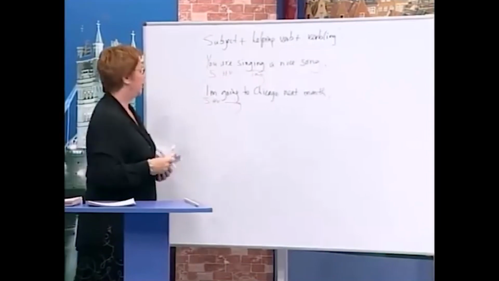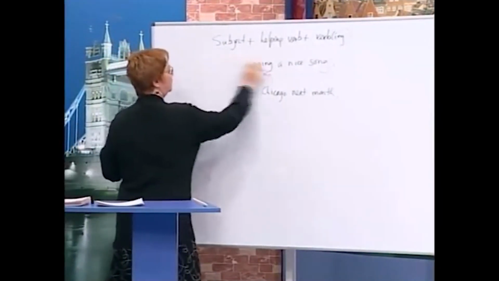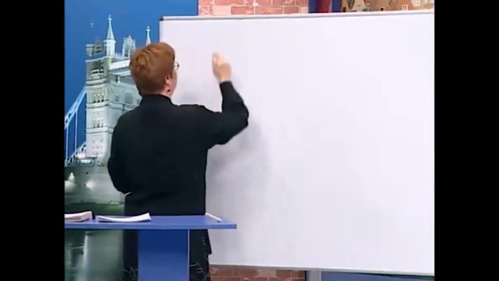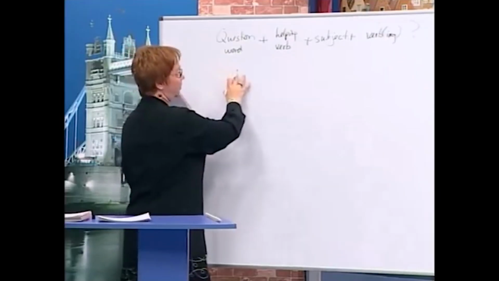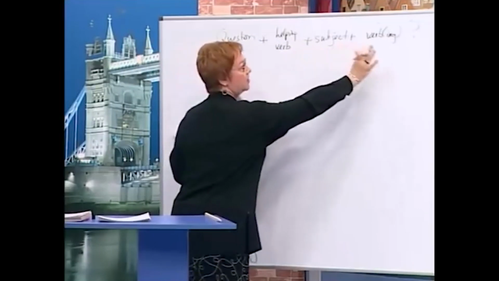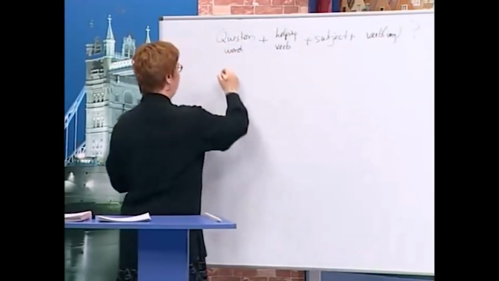Let's look at questions. This changes a little bit. Okay, let's take these away. With the continuous, we have the question word plus the helping verb plus the subject plus the ing verb. So the question word, the helping verb, the subject, and the ing verb. So here we go.